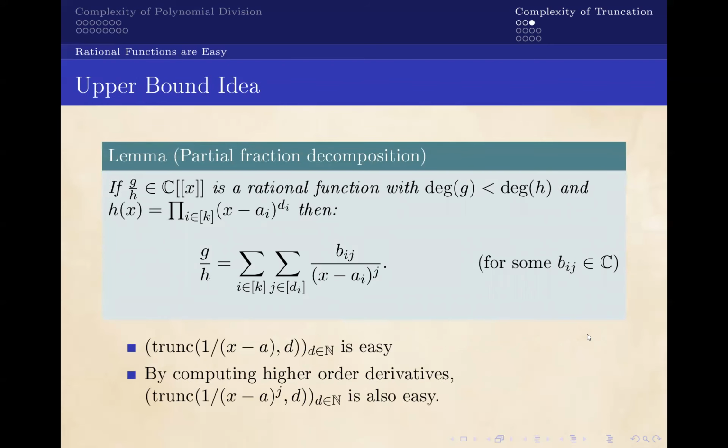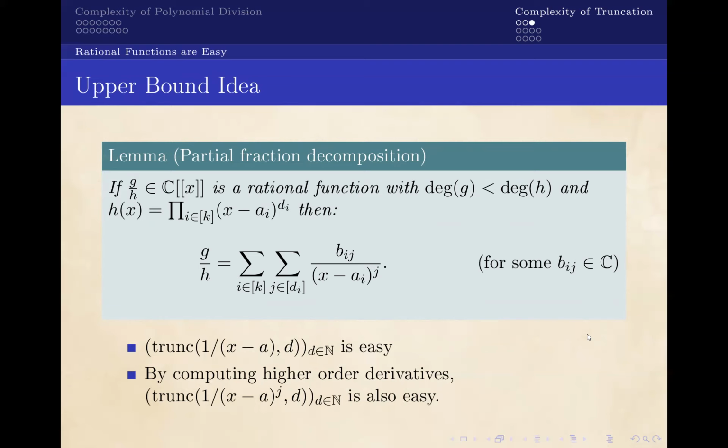And how does one prove this theorem? So here, this famous partial fraction decomposition comes handy. This states that if I have two polynomials G and H, and the degree of G is less than degree of H, then I can write G over H as the sum of terms of this form Bij over X minus Ai to the j, where the Ai's are the roots of H, right?